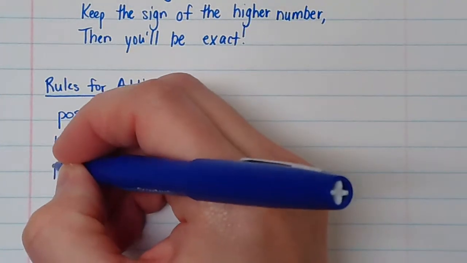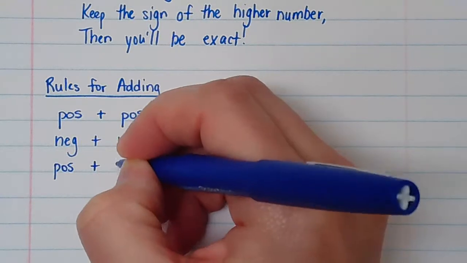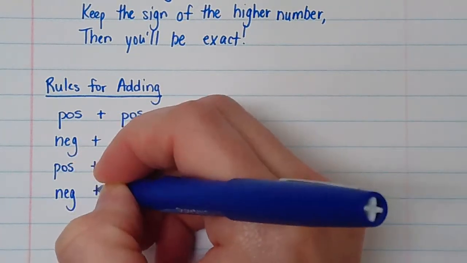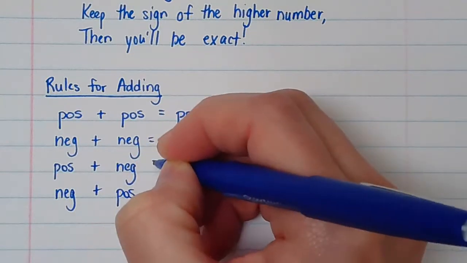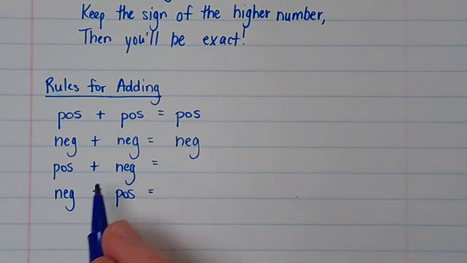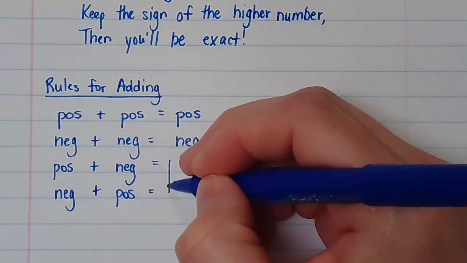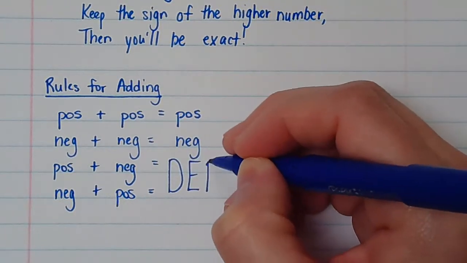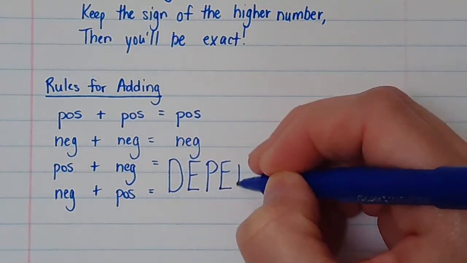If you have a positive plus a negative or a negative plus a positive, you see now your signs are different. You have one positive, one negative. Those signs are different. This time you can't necessarily say, oh, it has to be a negative answer or it has to be a positive answer.